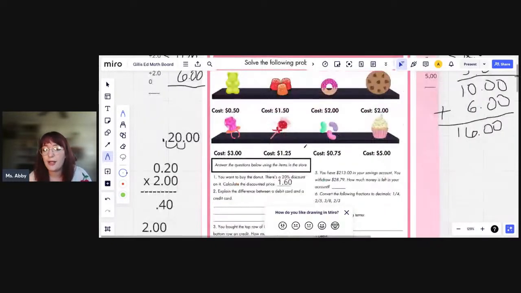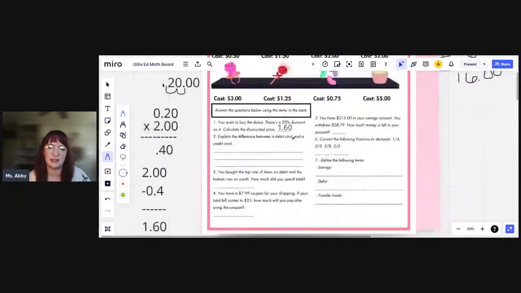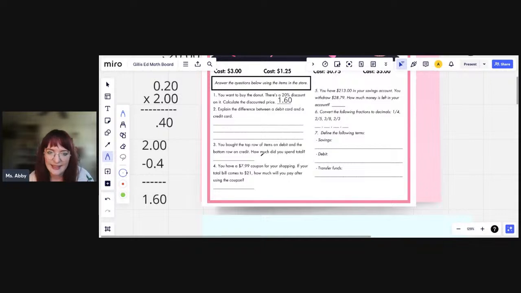However, on credit, if it were to ask you about interest, you would have had to multiply the second row's amount by whatever the interest is. In this case, it didn't ask you, but just remember that credit does often have interest.